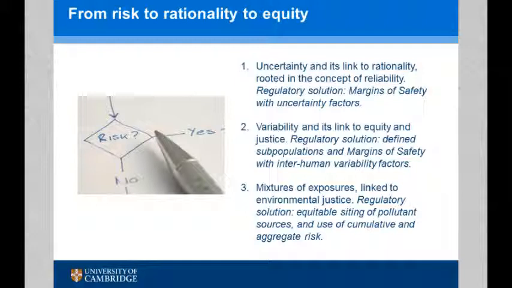And then finally, obviously the driver for cumulative risk assessment, item number 3, is that we've developed regulatory strategies in which for every individual pollutant we estimate what the MCL is going to be or whatever the relevant limit is. And the assumption is that a person is exposed to only one of those compounds at a time, and if they're exposed to a couple of compounds, well, that's okay.